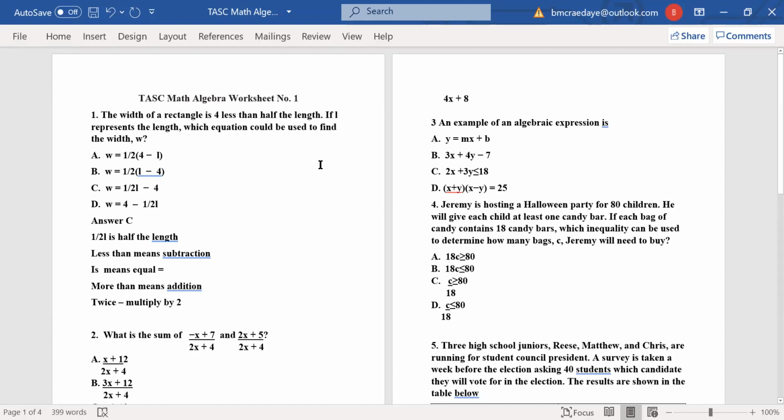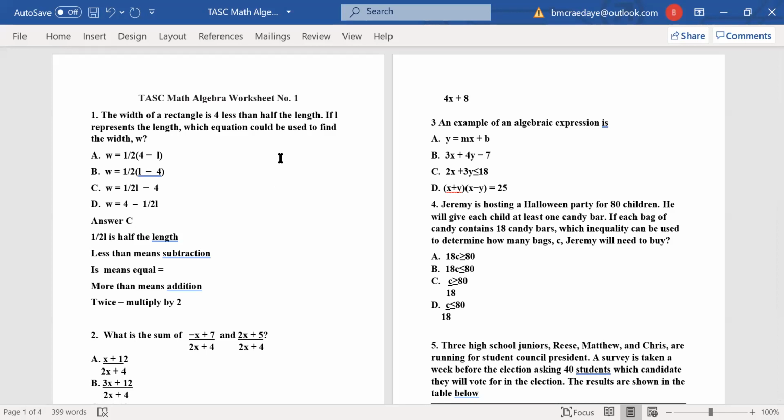But like I said, you could eliminate answers by saying, which of these am I not subtracting 4 from? A and D. So it can't be those. Now you're down to B and C. And C is the one that says 4 less than half the length. Questions?